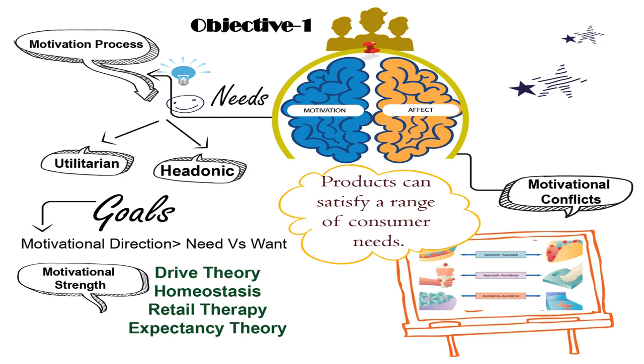You can see the motivation process. Consumer motivation occurs when a need is aroused that the consumer wishes to satisfy. The need creates a state of tension that drives the consumer to attempt to reduce or eliminate that tension through that particular product.